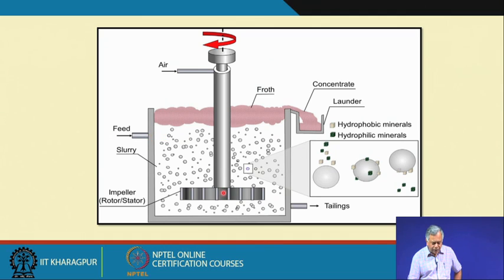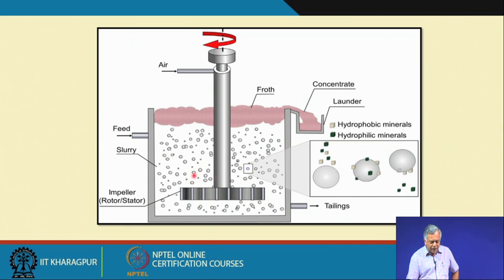You have fed it here and that is your slurry now. With this feed material you also add some chemicals, say some oily type of material. Now you have an impeller here and that impeller rotates.